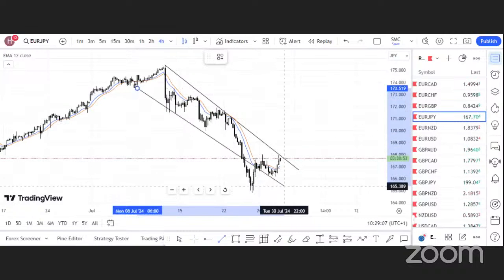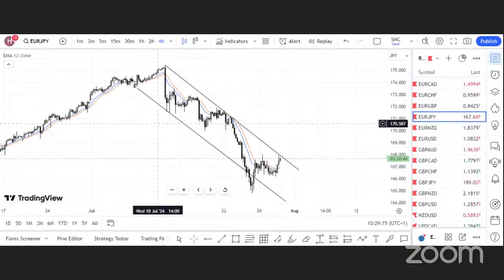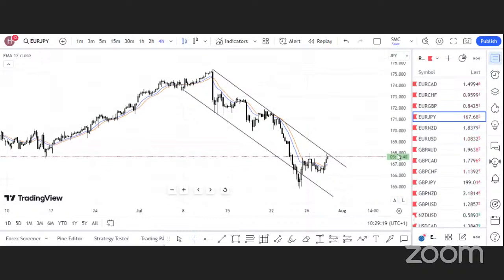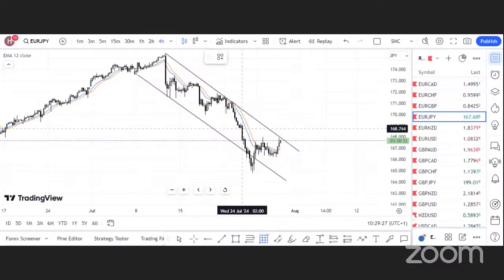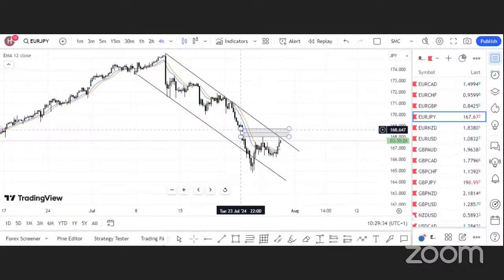We have another trend line below. And then we have this huge fair value gap.